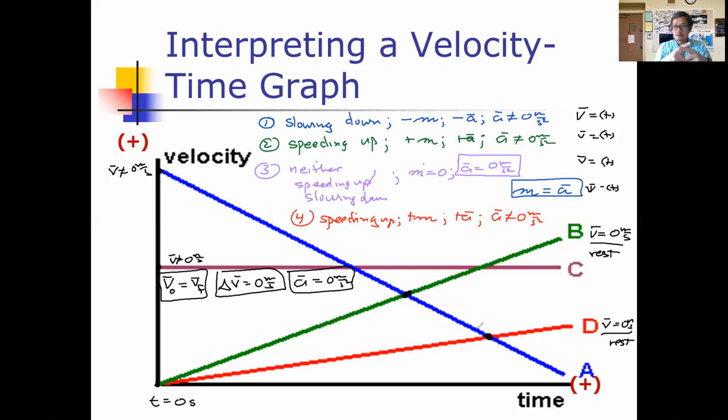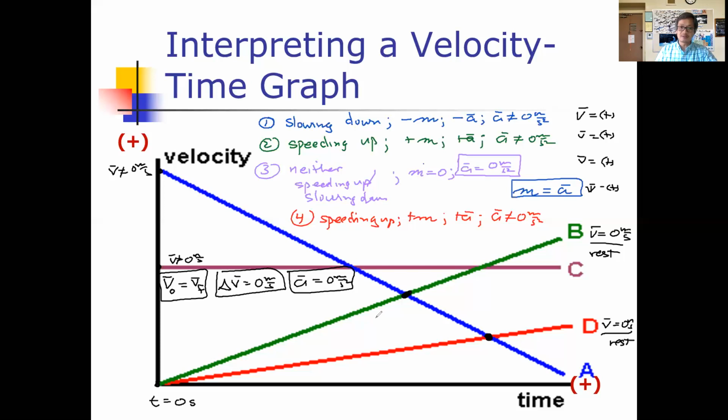So if the objects cross on a position-time graph, they are occupying the same position at a certain time. So yes, they do meet, but this is a velocity-time graph. The points of intersection here do not mean that the objects cross paths. Again, the velocity-time graph does not give us any information about the position of an object. All it tells us is the velocity.